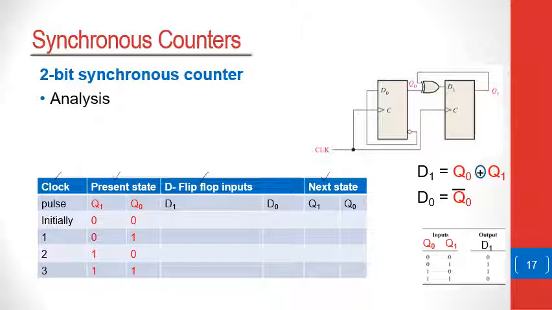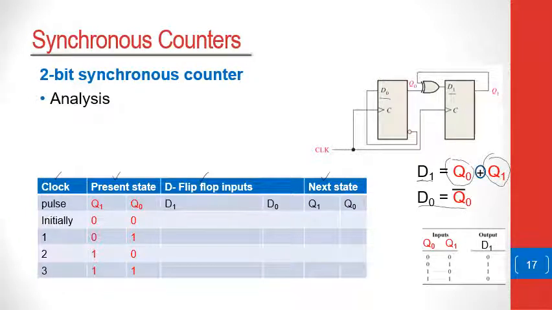We can analyze this by first remembering that D0 is equal to Q0 bar, and D1 is connected to an exclusive OR, so D1 is equal to Q0 XOR Q1.